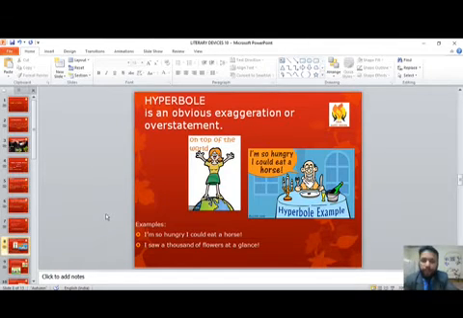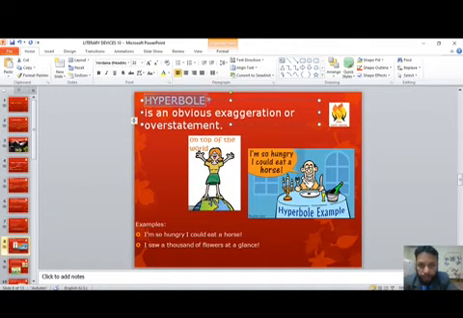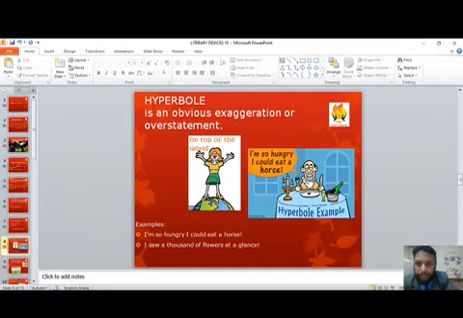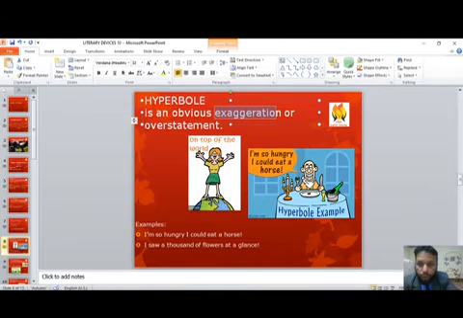Let us go forward. Hyperbole. I have heard students pronouncing this word wrongly. Please make sure that this is not pronounced that way; this is hyperbole. What does it mean? Hyperbole is an obvious exaggeration or overstatement. Overstatement or exaggeration.